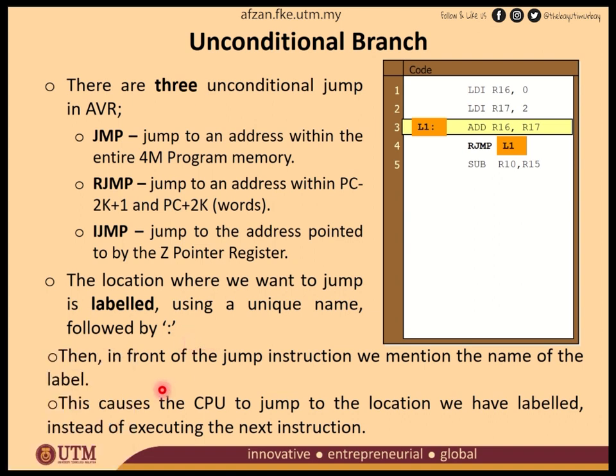In front of the jump instruction, we mention the name of the label. This causes the CPU to jump to the labeled location instead of executing the next instruction. For example, here is label 1, and this is your label, meaning you want to jump to this label. You can put any name here, your name, your friend's name, or any other name.